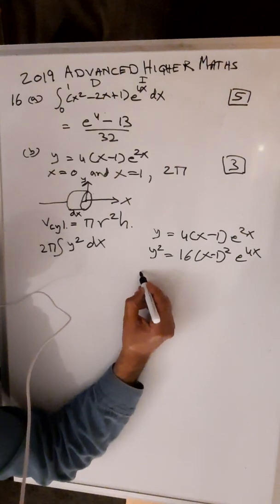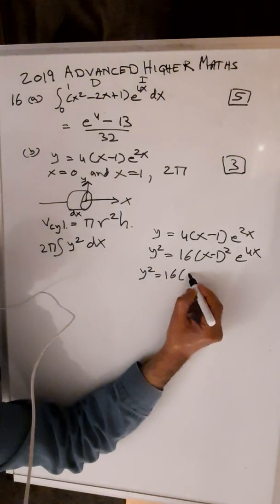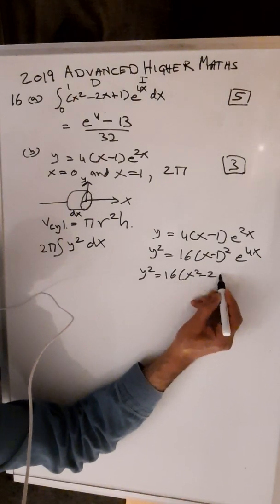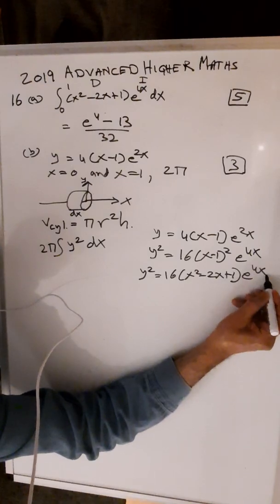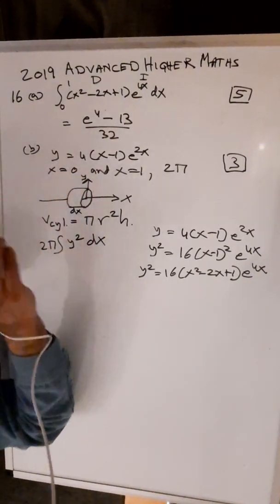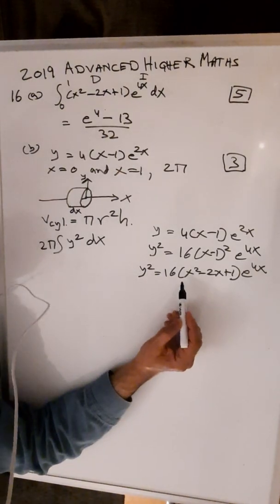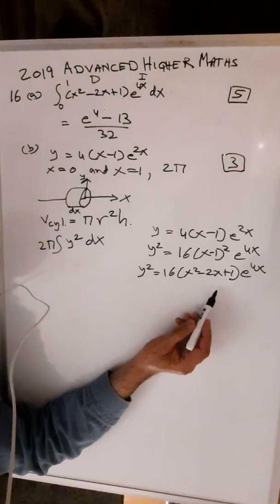So what you have there, y squared is 16 times x squared minus 2x plus 1, e to the 4x. You already have a solution for this in part A. This part here is e to the 4 minus 13 over 32.